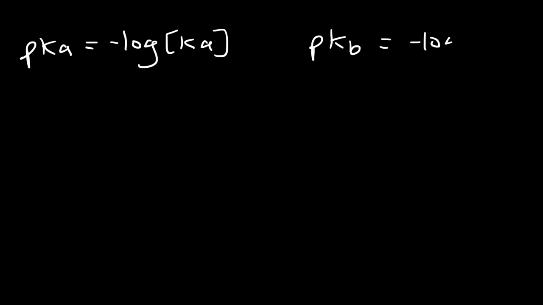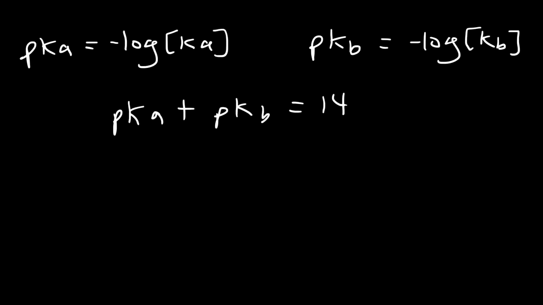Now, in a similar way, pKa is negative log of Ka. And pKb is negative log of Kb. So Kb is the base dissociation constant, Ka is the acid dissociation constant. Now, just as pH plus pOH adds up to 14, so pKa plus pKb is 14.